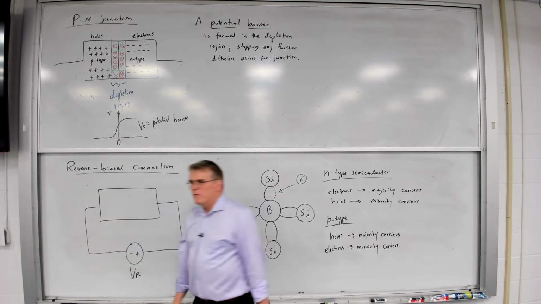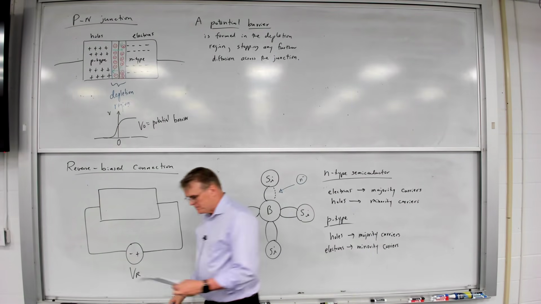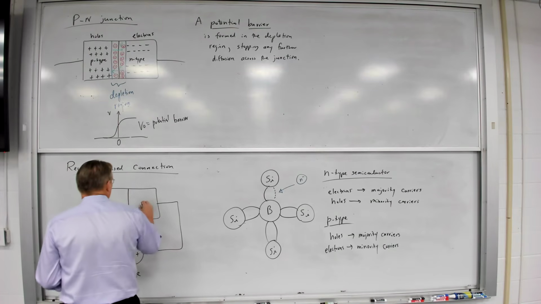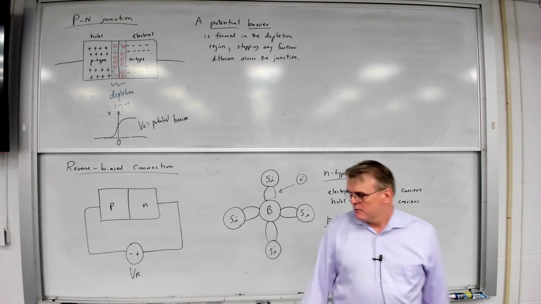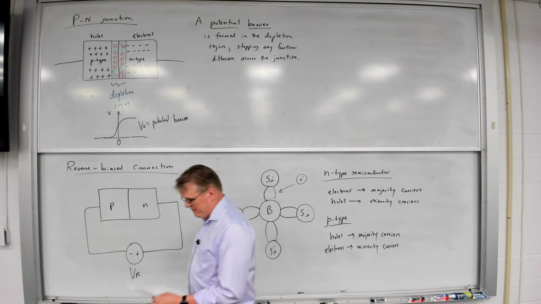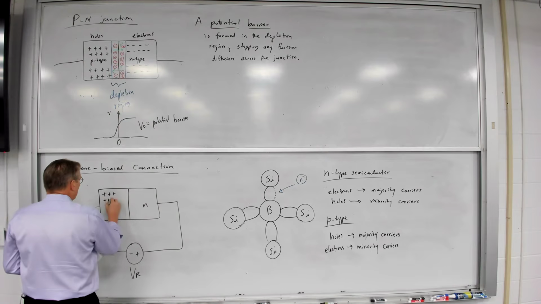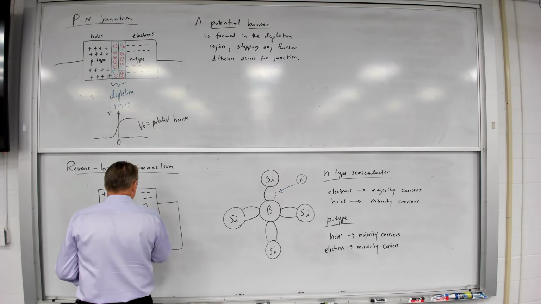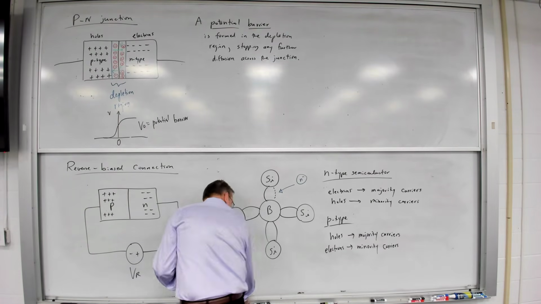Take a voltage VR. And notice the polarity because that's critical. Here's my p-type and my n-type regions. So I'm connecting the negative side to the p, the positive side to the n. Keeping in mind, once again, we have lots of holes, and we have lots of electrons in those two regions. So what's going to happen here?